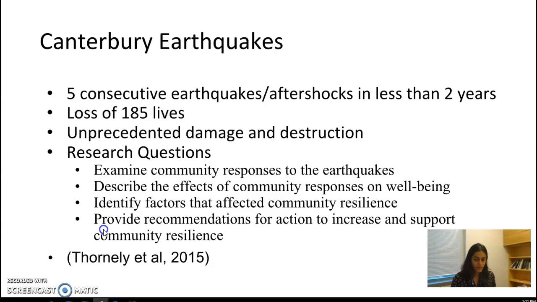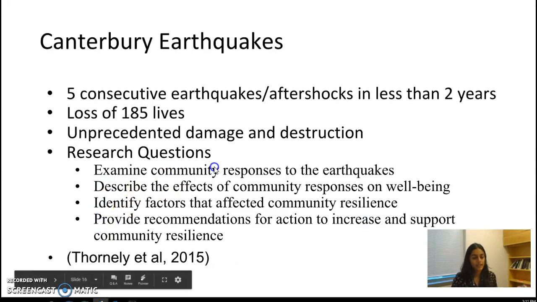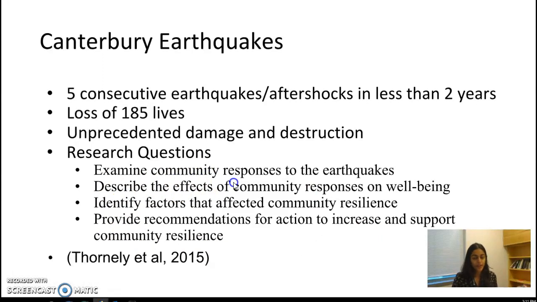And if you look deeper into these questions, examining the responses, we saw out of 6 neighborhoods in the paper, the few with social connectedness, a strong sense of either a tribal community or neighborhood community, were able to respond faster.